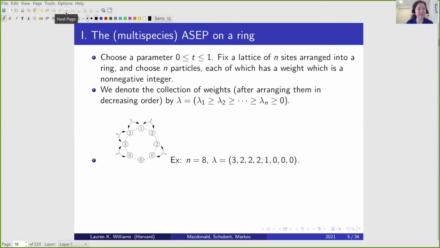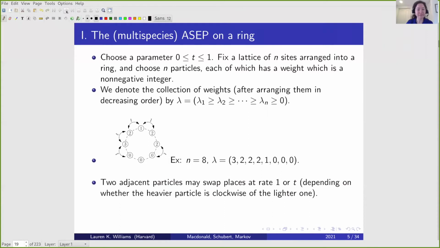That's the number of positions on the circle. Okay, so in this model, we allow two adjacent particles to swap places at rate 1 or t, and the rate depends on whether the heavy particle is clockwise of the lighter one. So I've drawn t's and 1's here, and whether it's t or 1 depends on whether the heavier one is clockwise or counterclockwise of the lighter.